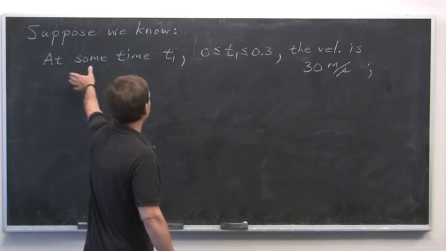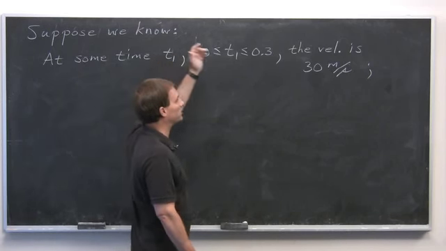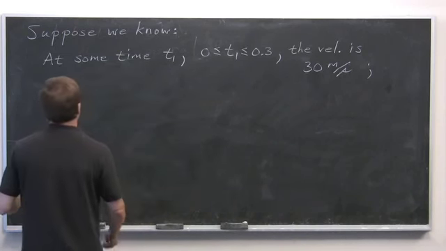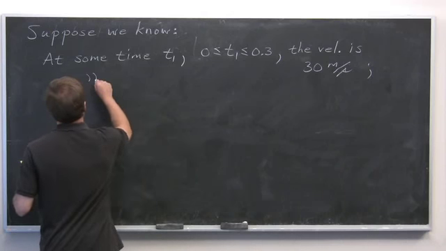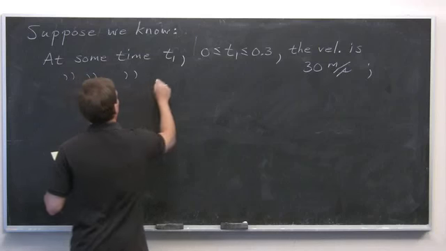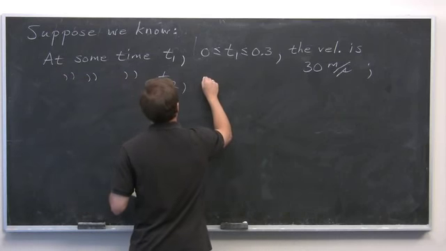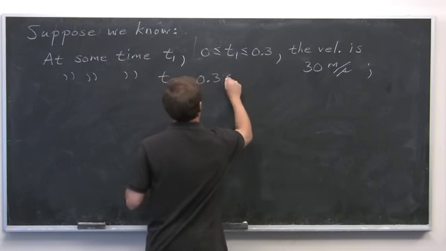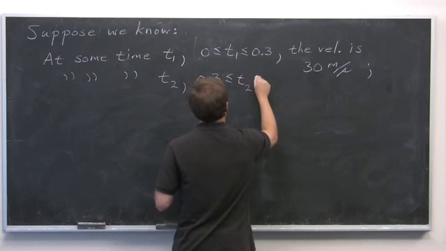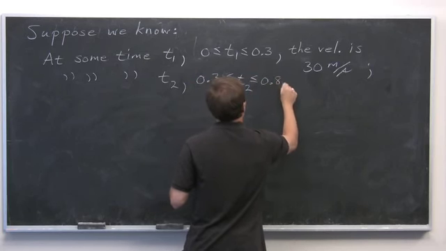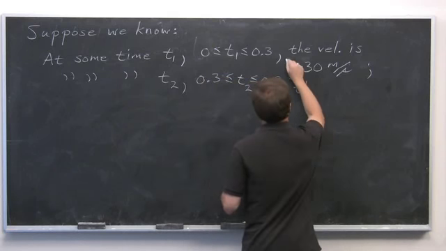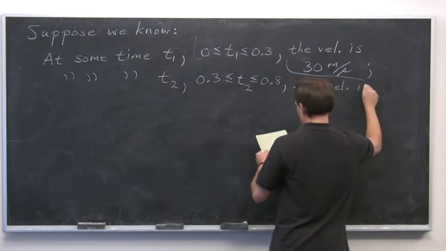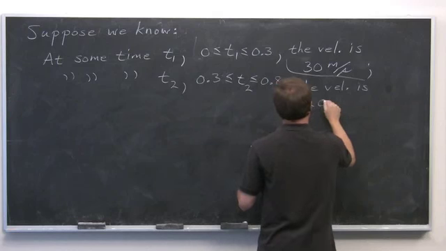All right, so suppose we know at some time t1 between 0 and 0.3 seconds, the velocity is 30 meters per second. At some time t2, where t2 is between 0.3 seconds and 0.8 seconds, the velocity is 20 meters per second.